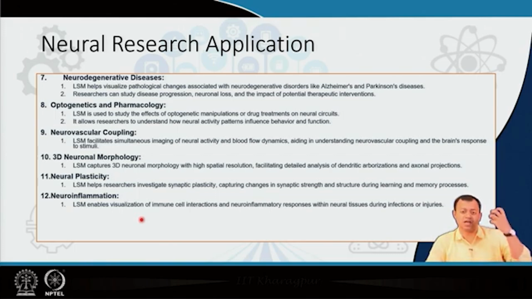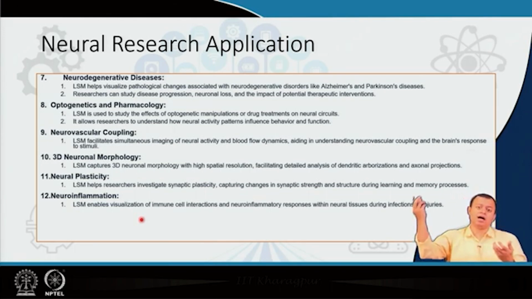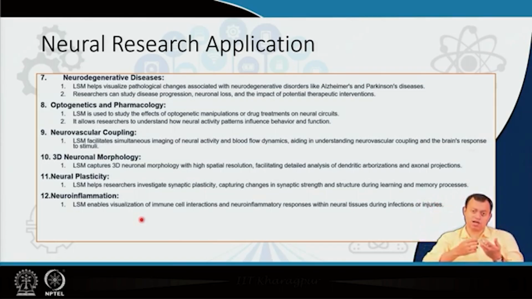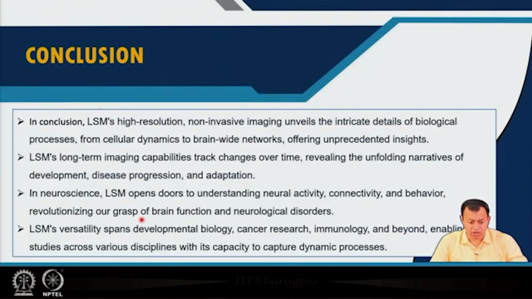If a pathogen has managed to attack the brain, and a particular set of drugs are being given, how those two are interacting inside the brain in real time, light sheet microscopy can help you in a very nice way, where a complete 3-dimensional view of the entire thing can be achieved, right. Neurodegenerative diseases, etc., all of those things could be detected.